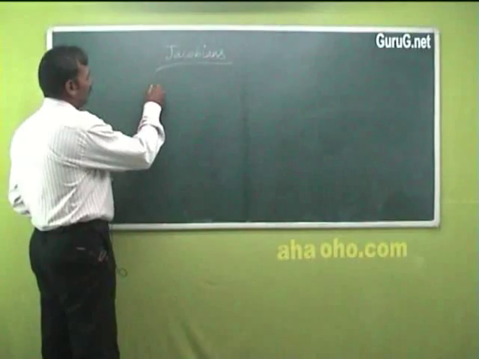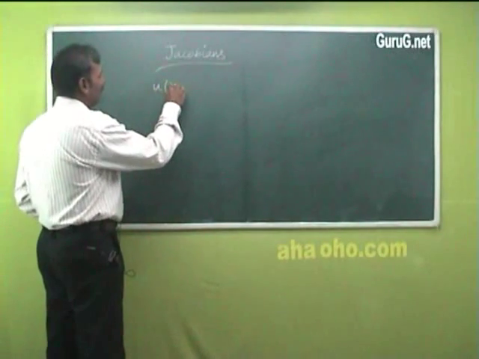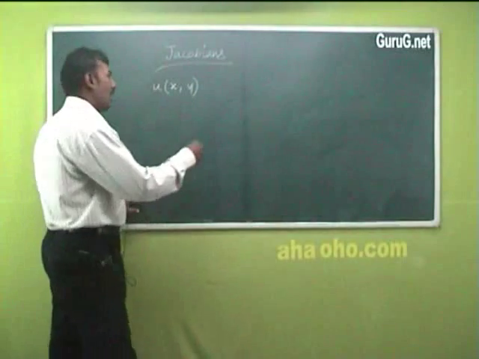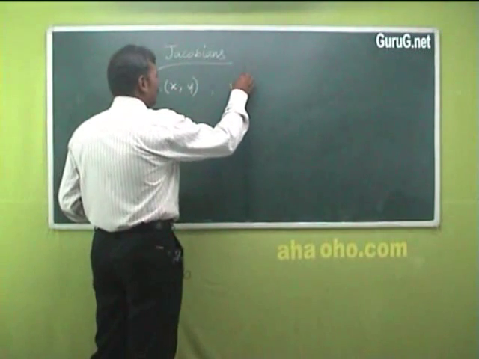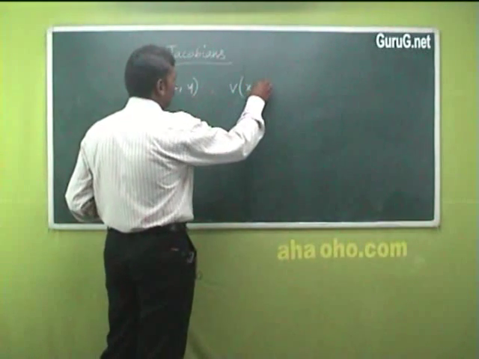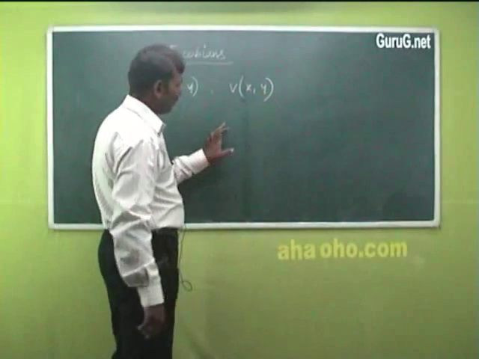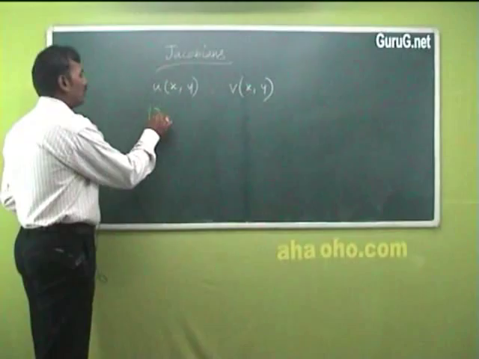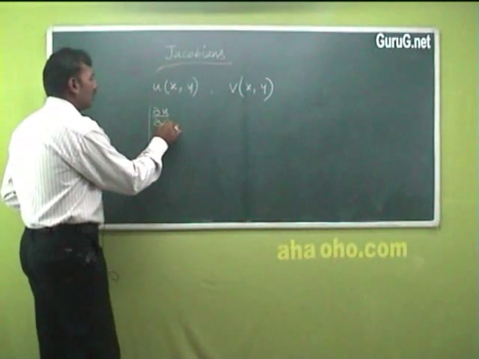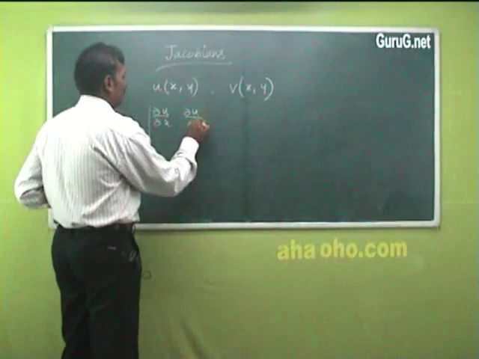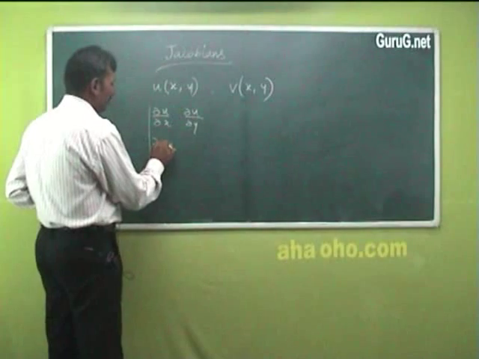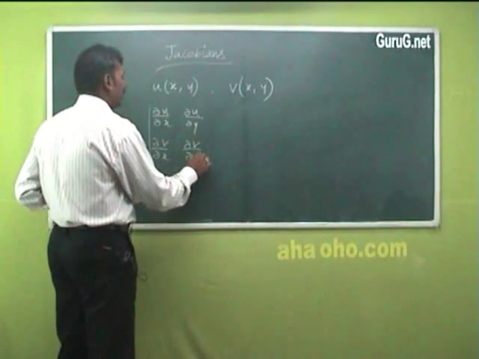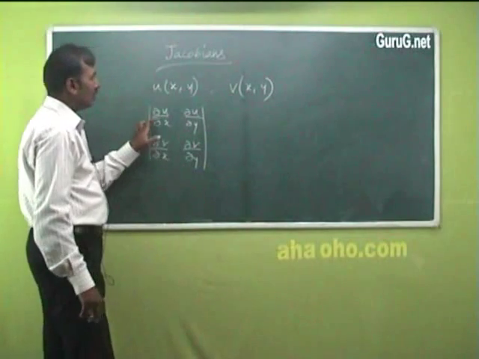Suppose u is a function of two independent variables x and y, and v is another function which is also a function of the two independent variables x and y. The determinant with dou u by dou x, dou u by dou y, then dou v by dou x, dou v by dou y is called the Jacobian.